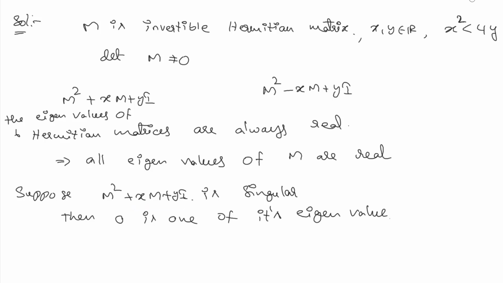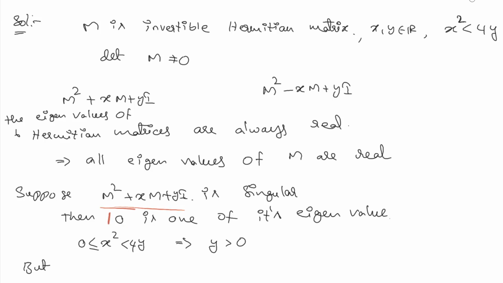But from the given condition, we can see x square is less than 4y. And for any real number x, x square is always greater than or equal to 0. That means y has to be greater than 0. Whenever this is singular, 0 is one of its eigenvalues, and an eigenvalue has to satisfy each of its annihilating polynomials.